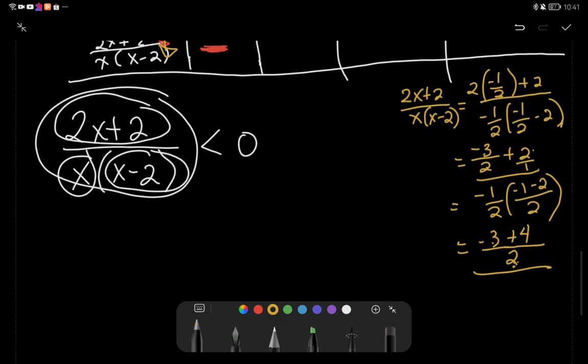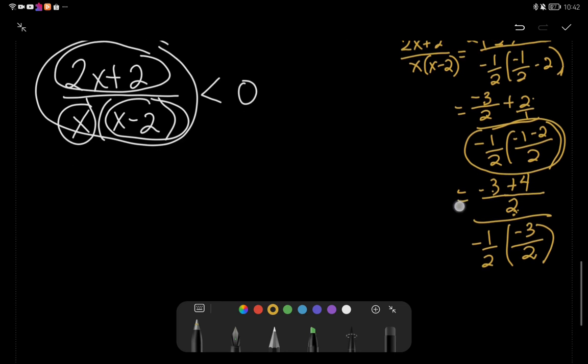And for this part, that's negative 1/2 times negative 3/2.